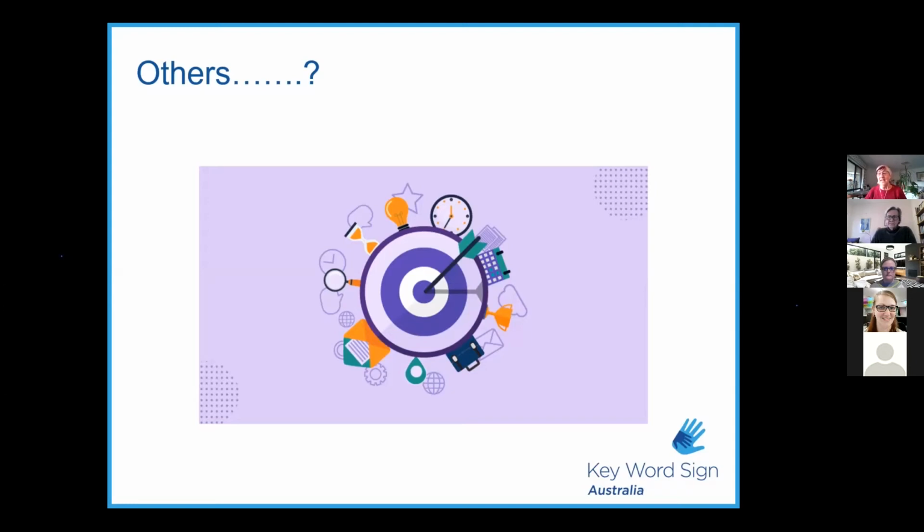And of course, keyword sign really underpins and supports understanding and comprehension in situations, as well as contributing to intelligibility of speech, because it's actually supported by the use of the sign or gesture.